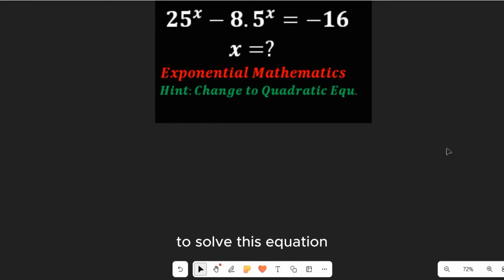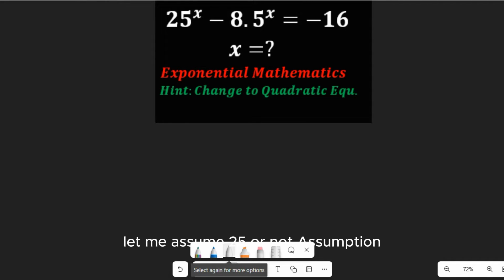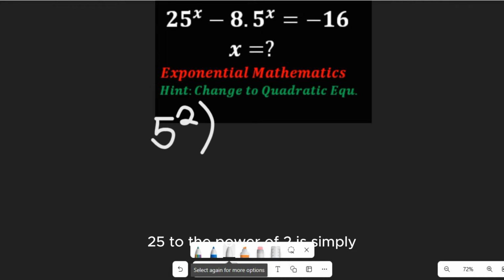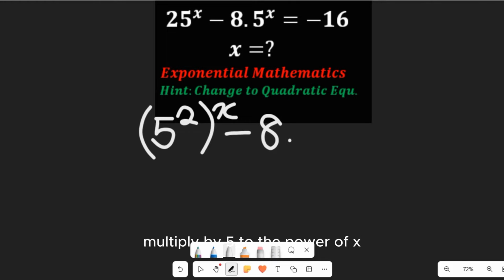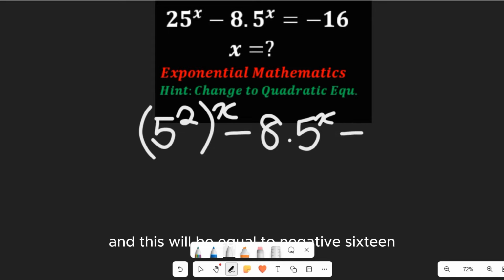To solve this equation, I will definitely have to simplify. 25 is simply 5 to the power of 2, so we have 5 to the power of 2, all to the power of x, minus 8 multiplied by 5 to the power of x, equal to negative 16.